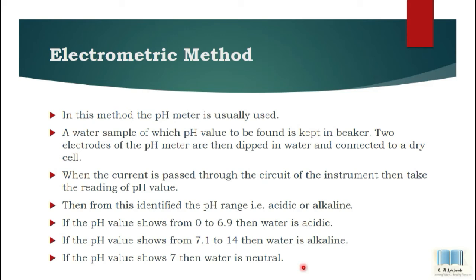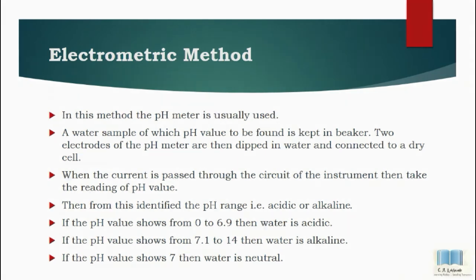If the pH value shows between 0 to 6.9, then the water is acidic. And if the pH value shows 7, then the water is neutral. And if the pH value shows 7.1 to 14, then the water is alkaline. So this is the electrometric method. For this, a pH meter is usually used.